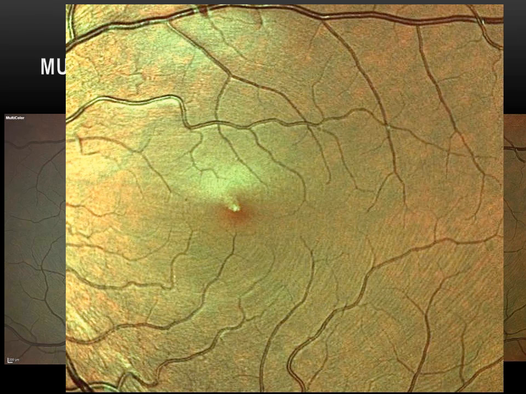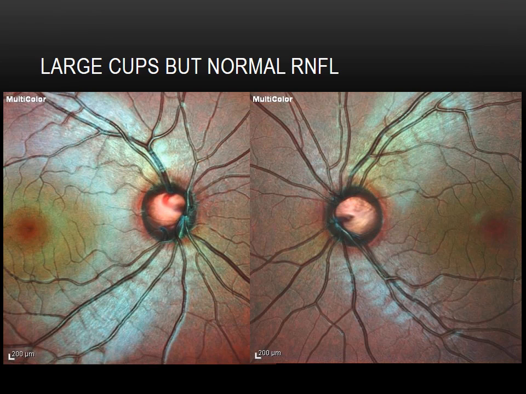The advantage of this is in patients like this one, where the patient has large cups, making this patient a glaucoma suspect, but thankfully the nerve fiber layer is normal in both the eyes, suggesting that this sort of cupping is most likely not pathological but physiologic cupping.